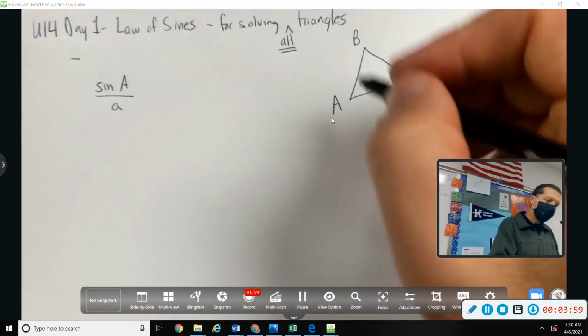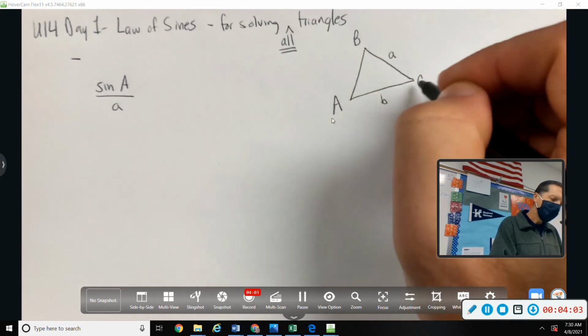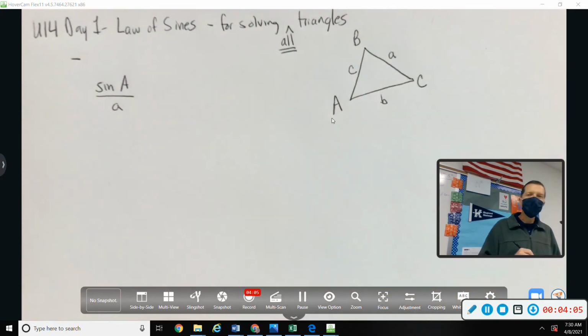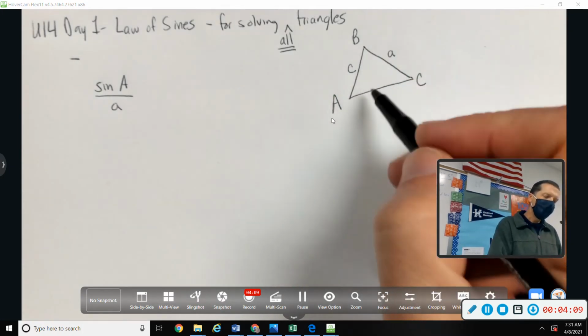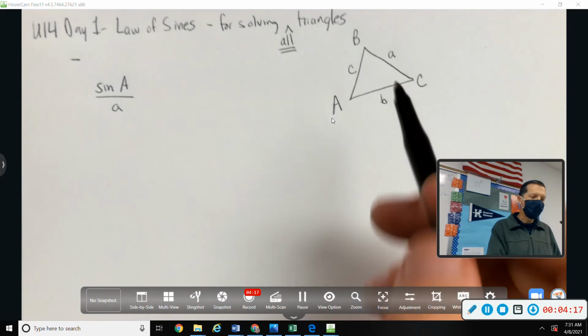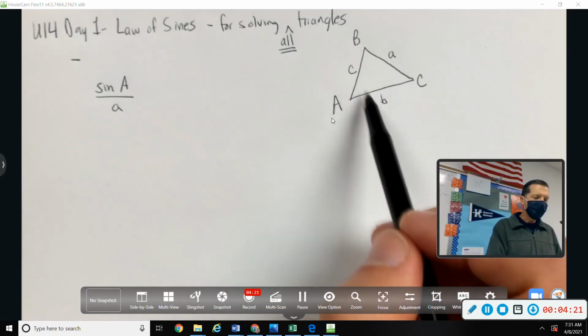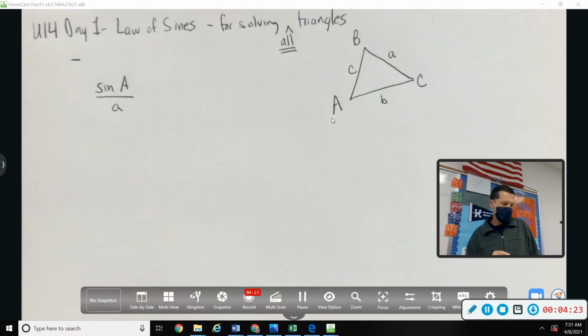The sides are the lowercase letters, and they're across from the corresponding capital letter. Right? A is across from a, B is across from b, C is across from c. That seems simple, maybe, but if you get that mixed up, you're going to have a real tough time. So make sure your sides and angles are across from each other.